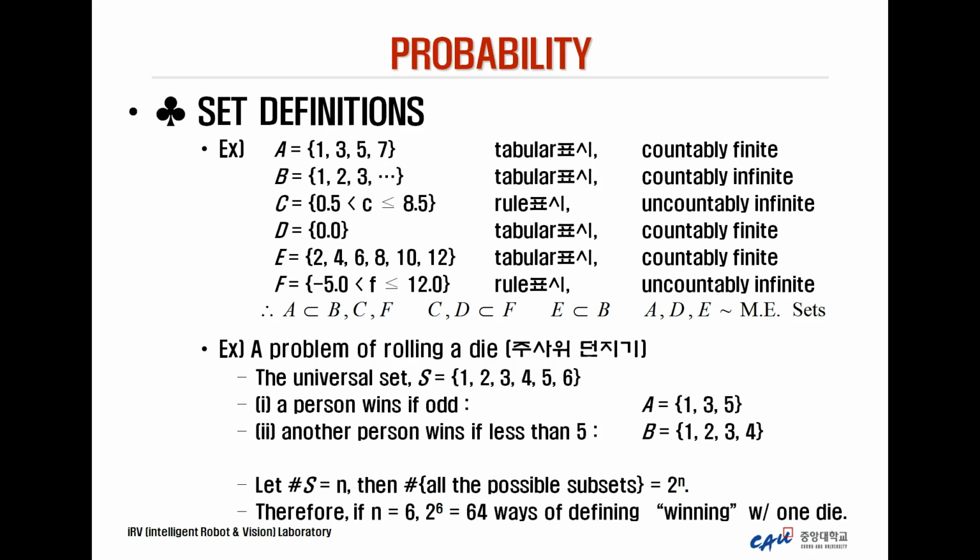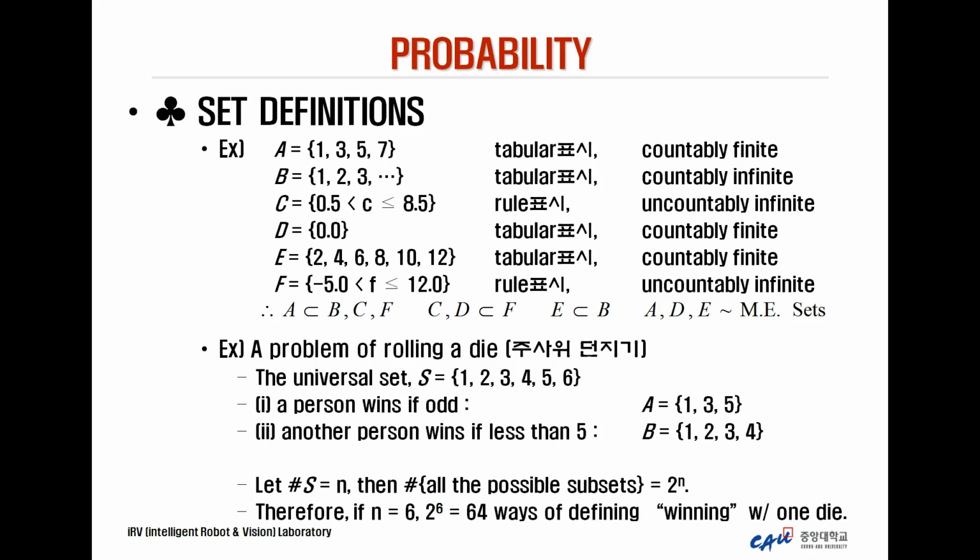Set D has only one element, 0. This is in the tabular form, and D is a countably finite set. Set E has 2, 4, 6, 8, 10, 12 as elements. This is in the tabular method, and set E is countably finite also.